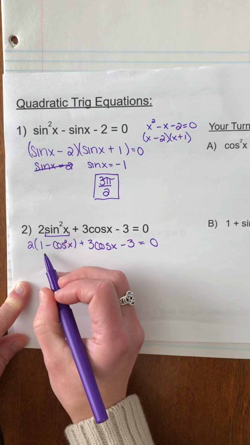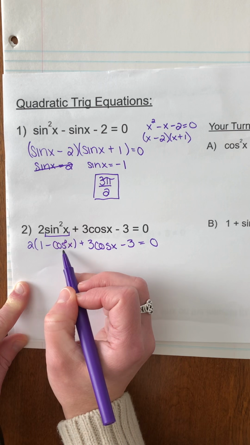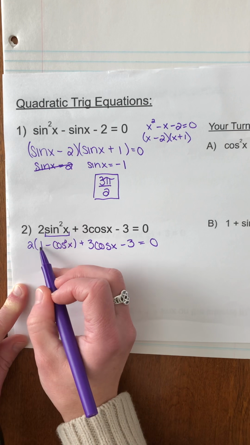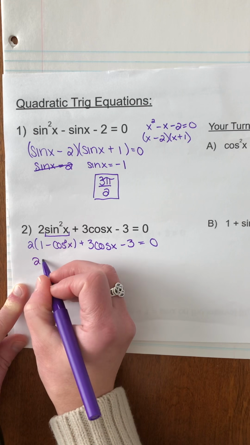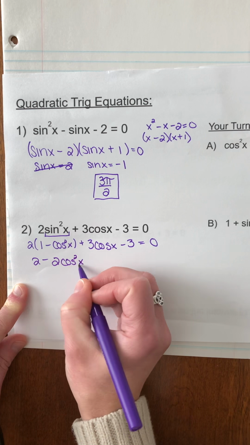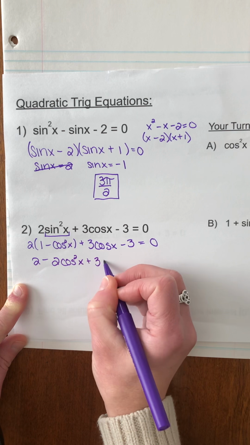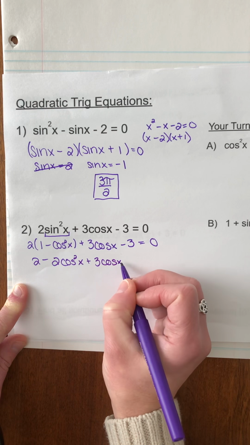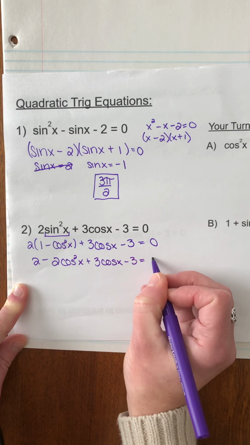So I'm going to replace sine squared with 1 minus cosine squared, and then distribute the 2, so I get 2 minus 2 cosine squared x plus 3 cosine x minus 3 equals 0.